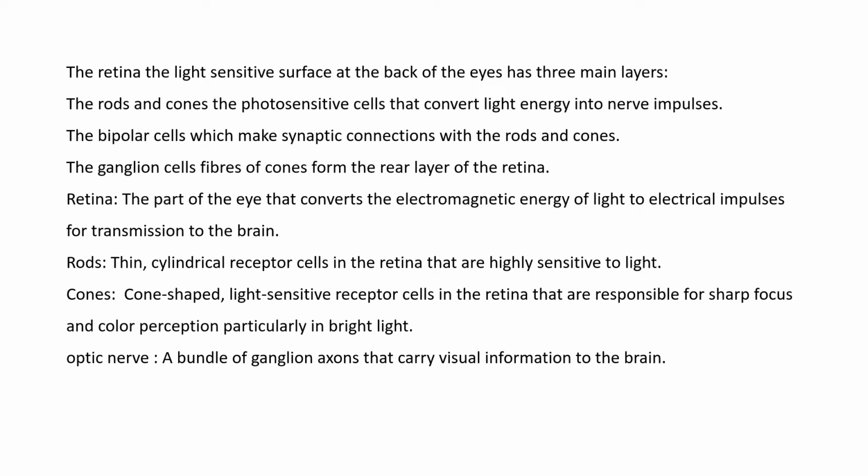The rods and cones are photosensitive cells that convert light energy into nerve impulses. The bipolar cells make synaptic connections with the rods and cones. The third one, the ganglion cells, the fibers of which form the optic nerve. Strangely enough, the rods and cones form the rear layer of the retina.